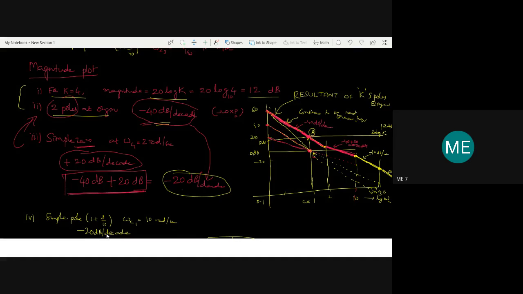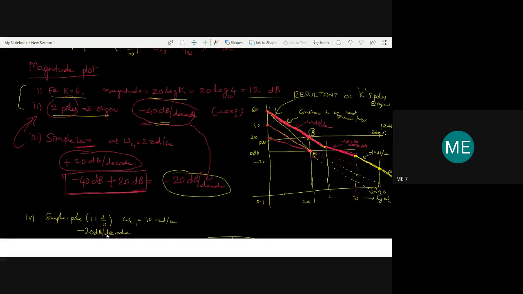Once you look at these two factors, for K equal to 4, what is the magnitude of K? That is the 20 log K line. Once you get the 20 log K value, that is 12 dB, then find out the 2 poles at origin. The contribution of the slope is minus 40 dB per decade.